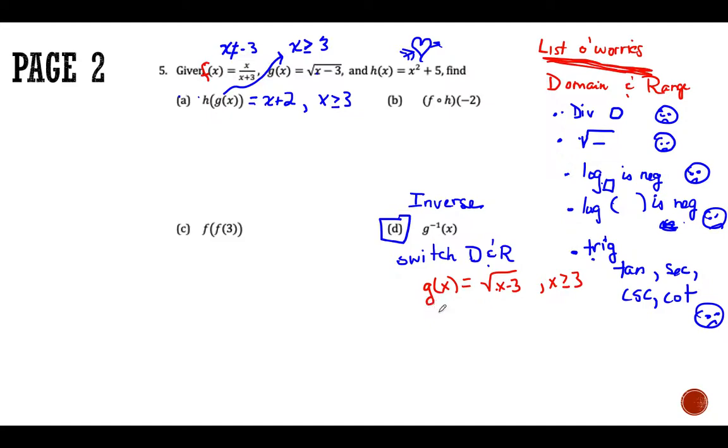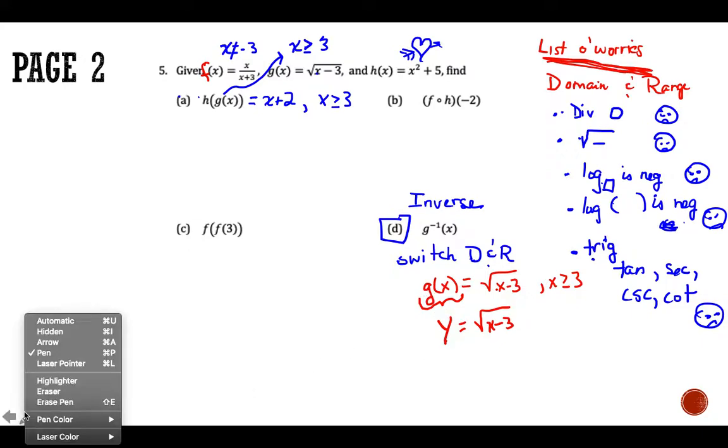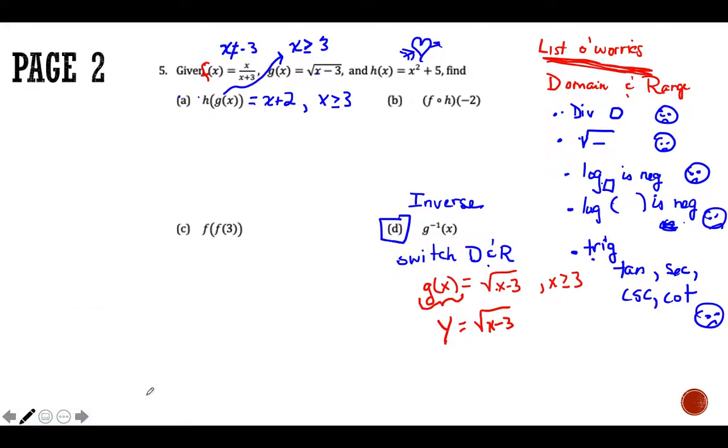So don't forget that another name for the answers is the range. I can call the range y. Y gives me the range. Y are your answers. Your answers are your range.